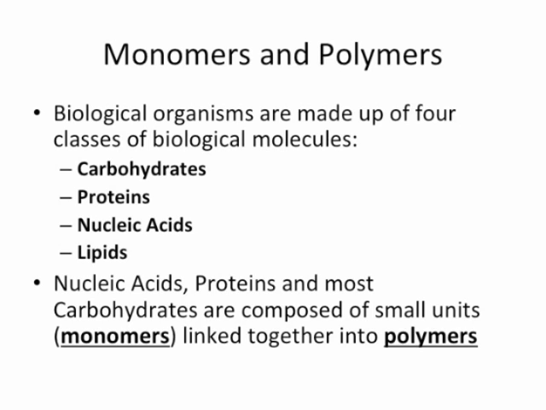Three of these, nucleic acids, proteins, and most carbohydrates, are composed of small units linked together into larger units. A small unit can also be called a monomer: mono for one and mer for unit, so a single unit. If you link together a bunch of monomers, you get something called a polymer.